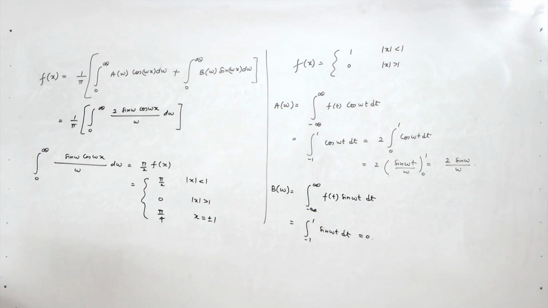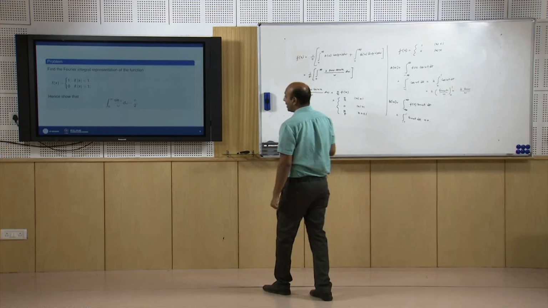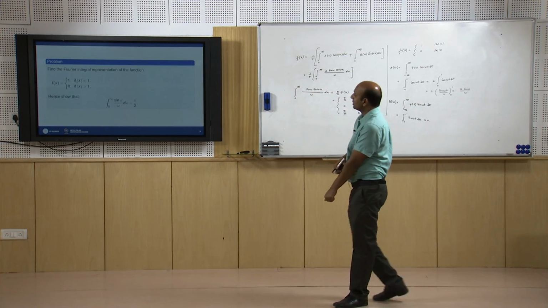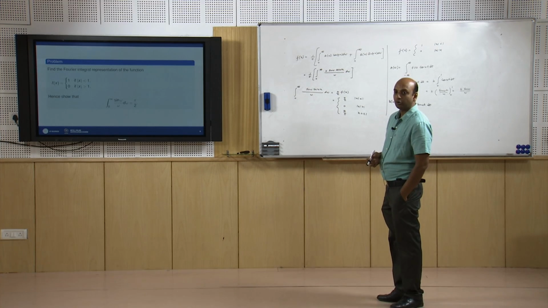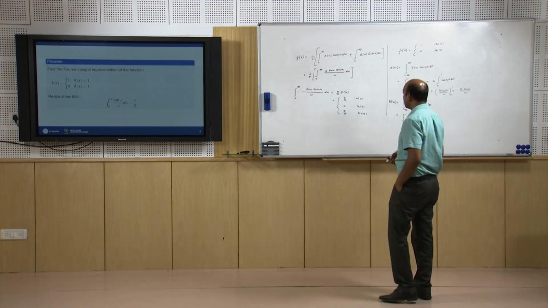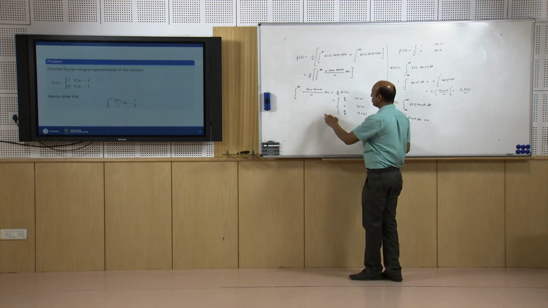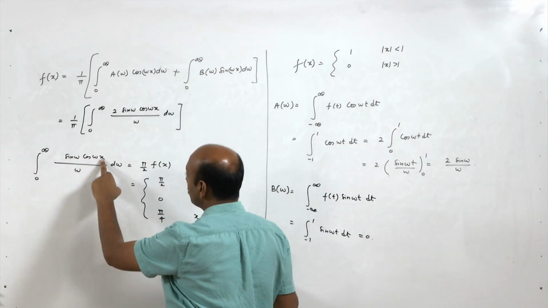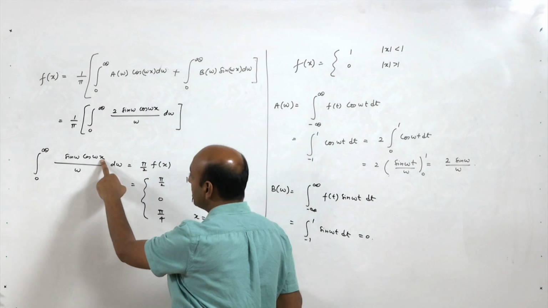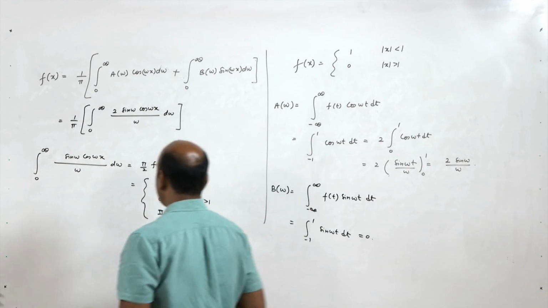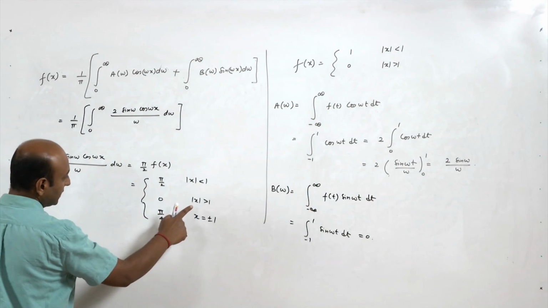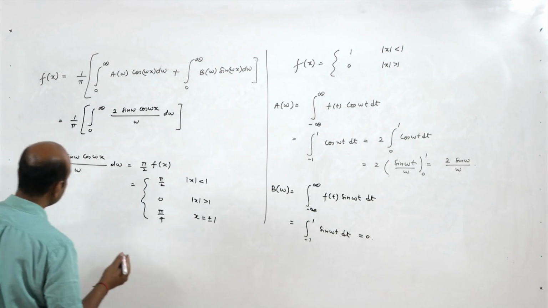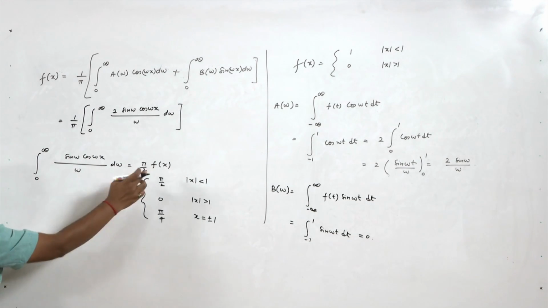So, this integral is equal to basically this integral. Now, we have to find out the integral from 0 to infinity of sin omega upon omega d omega. So that will be nothing but you substitute x as 0. It is a function of omega, so you can arbitrarily choose any value of x. So when x is 0, you can substitute both sides as 0.